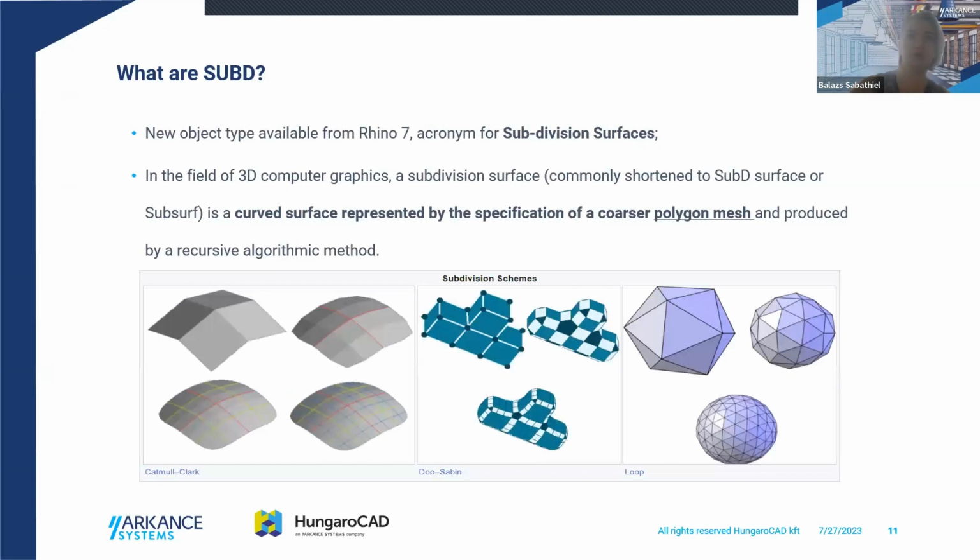Now, the other type of object that we have in Rhino, available from Rhino 7, not the previous versions, is what we call sub-D, which is the acronym for subdivision surfaces. The difference between a NURBS surface and a subdivision surface is that the sub-D is a curved surface represented by basically a polygon mesh.